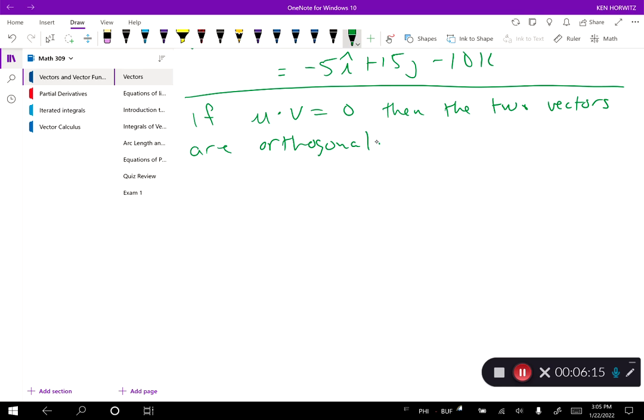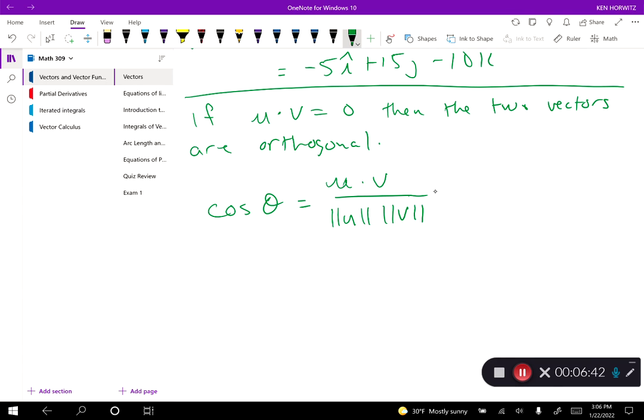So the way to determine the angle that your vectors make is, here is the formula. Cosine of theta equals u dot v over the magnitude of u times the magnitude of v.